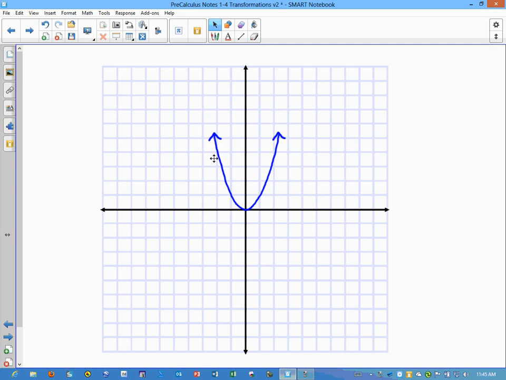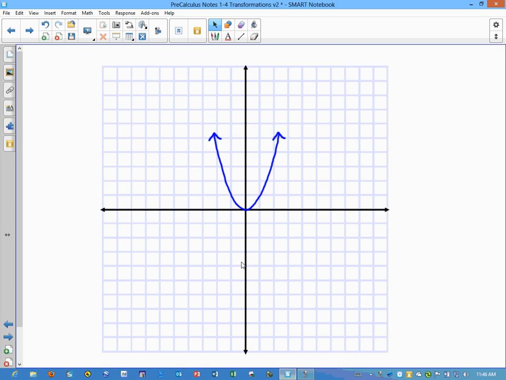So here, if we add or subtract inside the parent function, then technically we're not shifting the graph, we're shifting the plane. And this is why it's the opposite of what you would think it is. So inside the parent function, we're affecting the input value, so we're really shifting the plane.